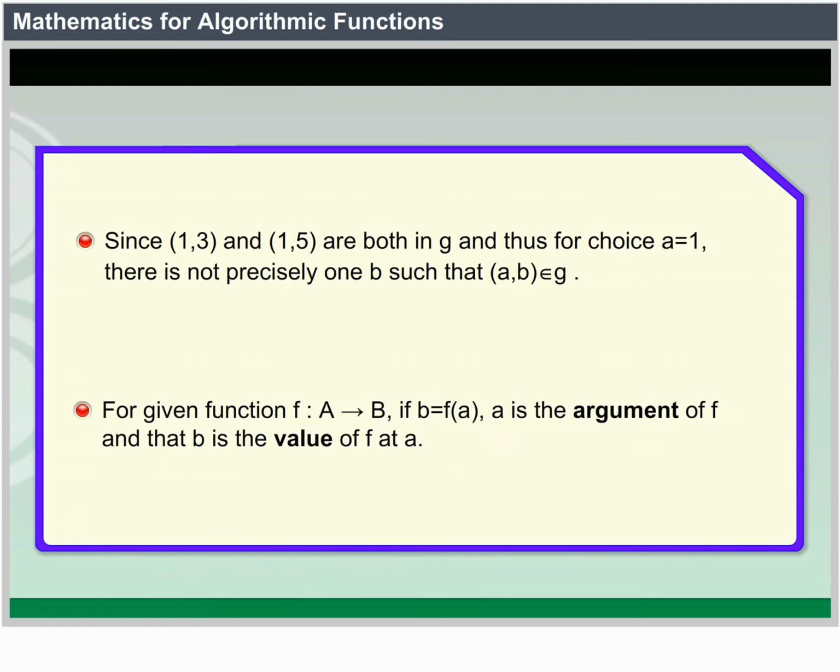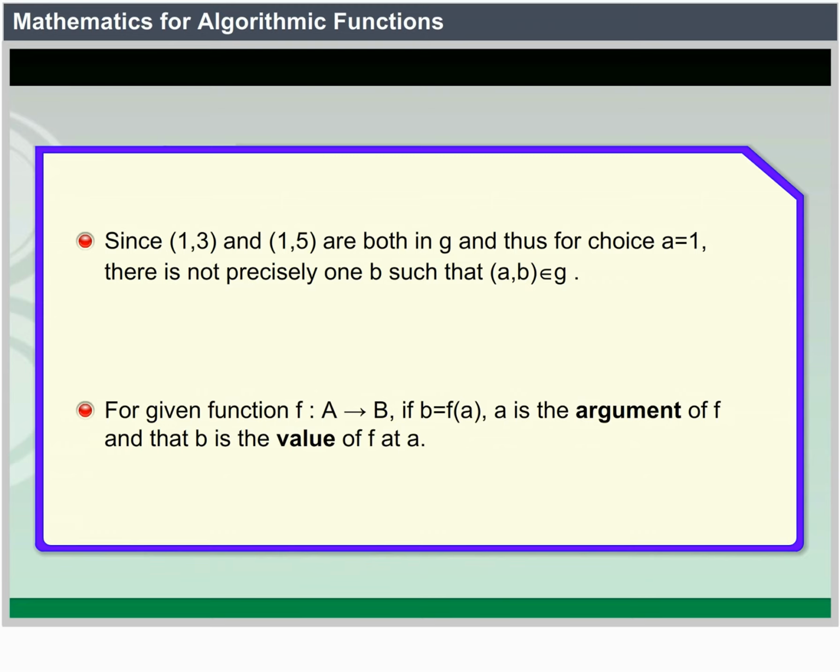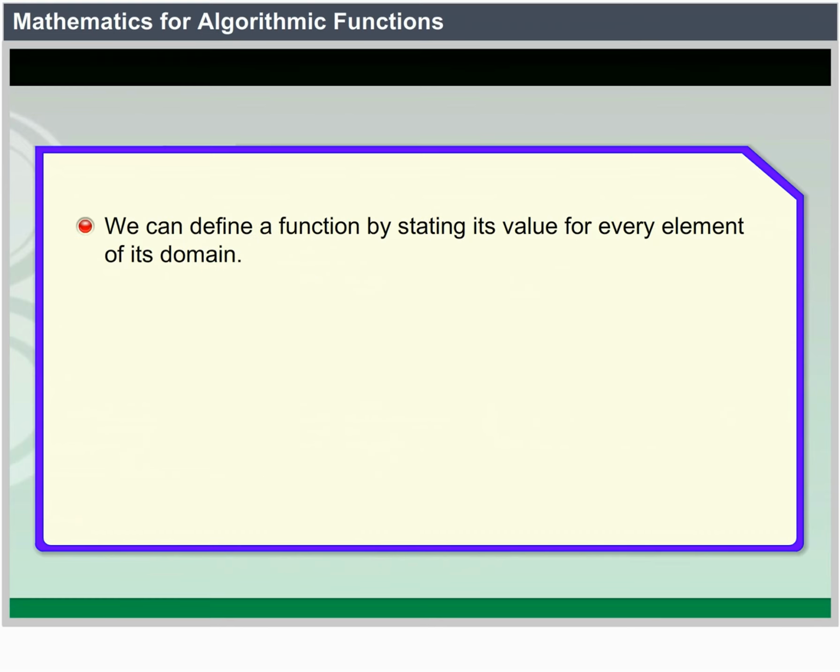For a given function f: A implies B, if b is equal to f of a, then a is the argument of f and b is the value of f at a. We can define a function by stating its value for every element of its domain.